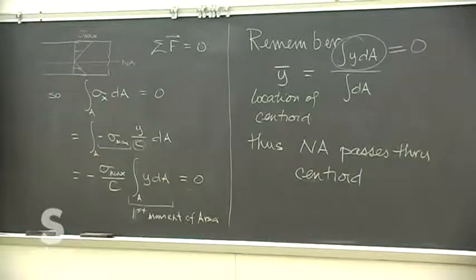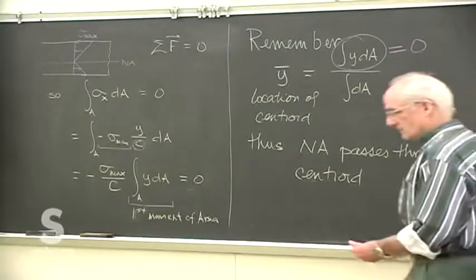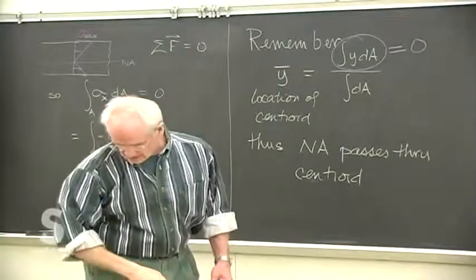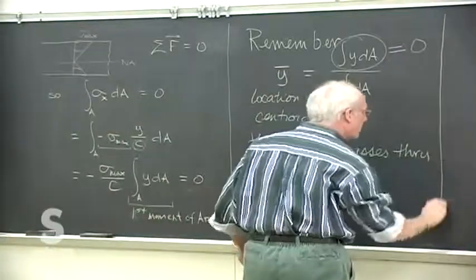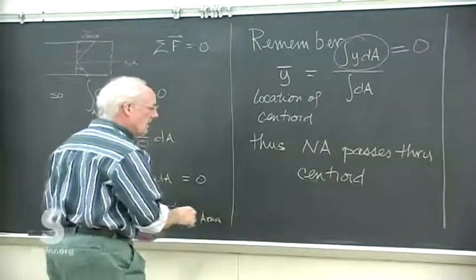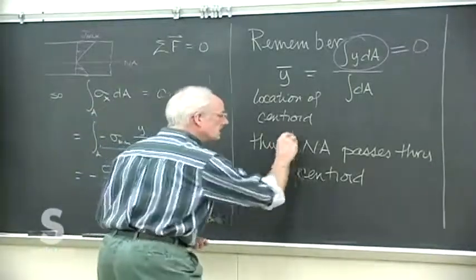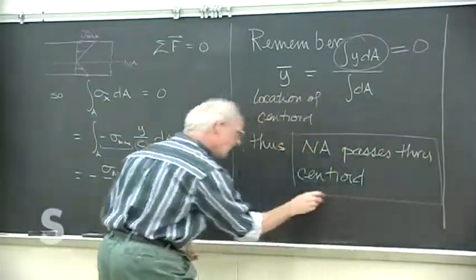But that allows us to place this neutral axis, and we now can establish the distribution of the stresses across the cross-section. So that's pretty useful to us. Again, deserving of a pink box there.